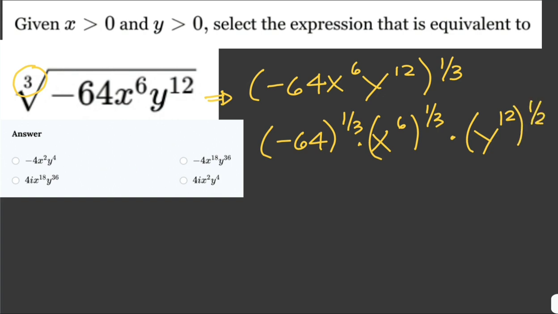And then we're given choices here, and note that the coefficient in each of the choices is equal to 4 or negative 4. So that means we need to simplify negative 64.